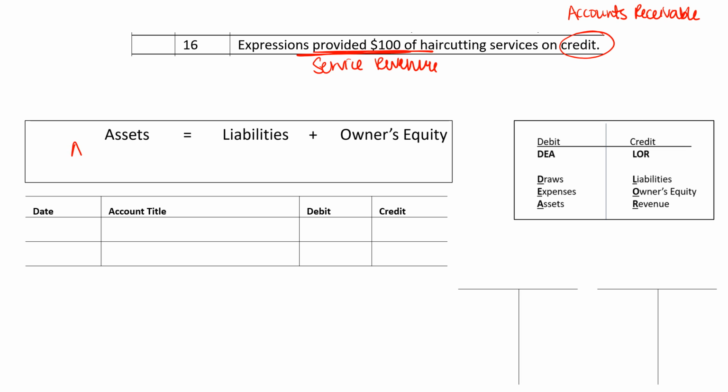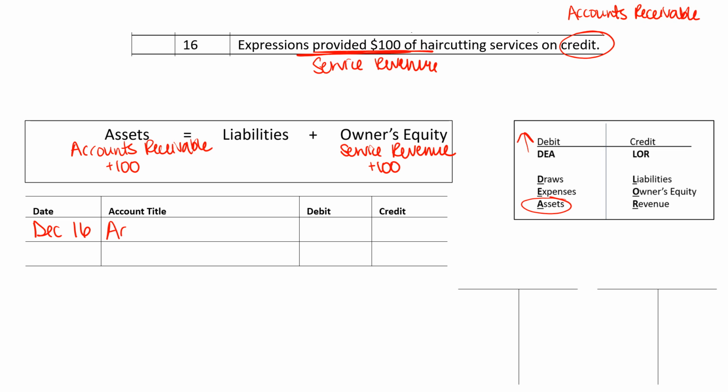So the asset that's impacted is accounts receivable. And that is an increase of $100. And then service revenue is being recorded also of $100. The date is December 16th. Looking at accounts receivable, it is an asset, which is increased with a debit. We're debiting accounts receivable. We're increasing the amount on the books to show that we will be receiving $100 in cash in the future.